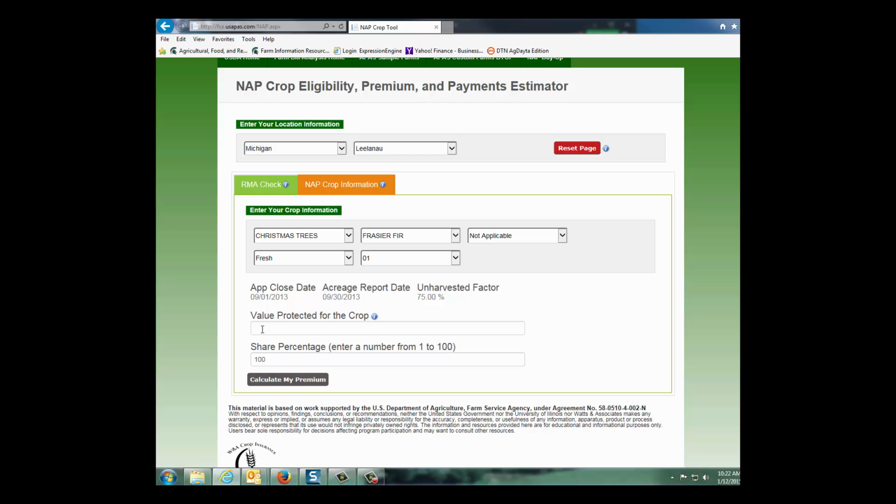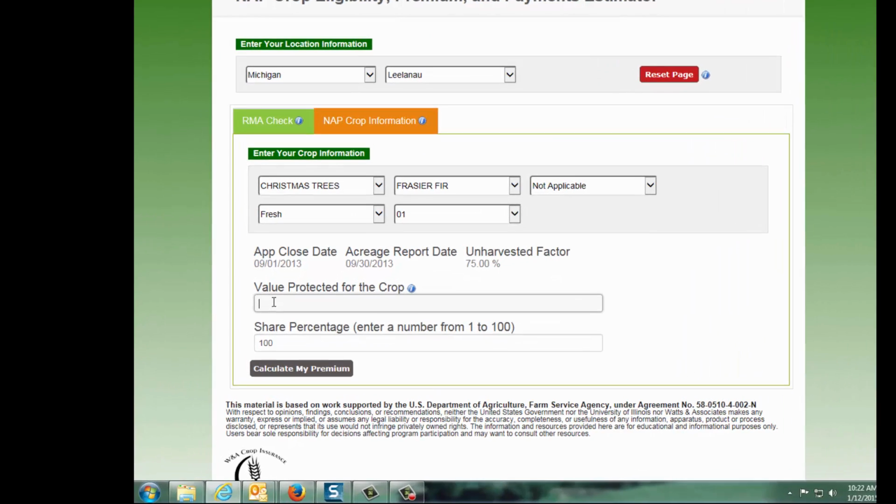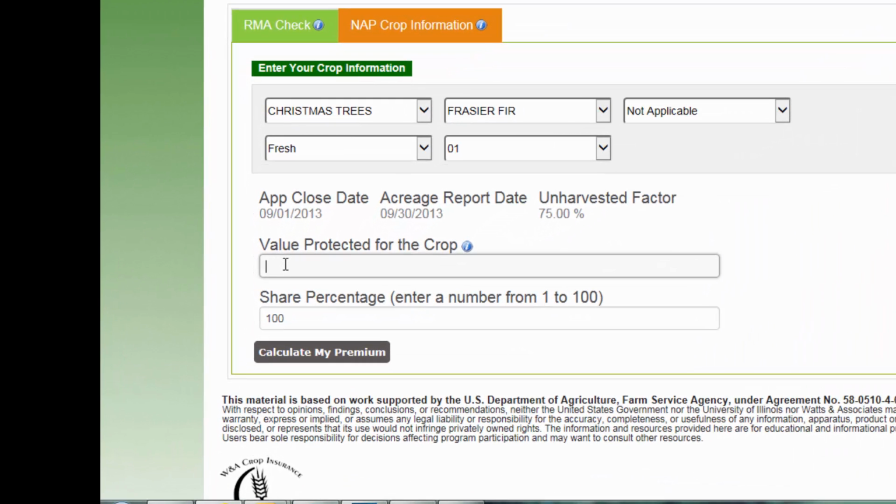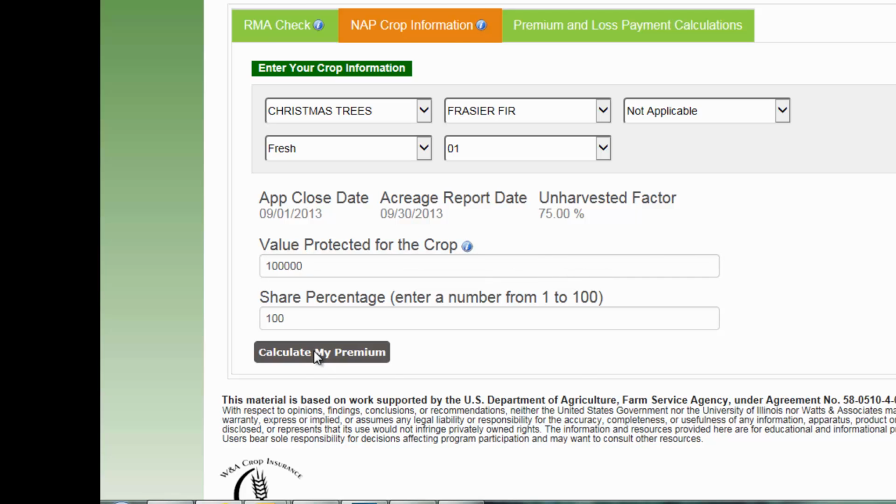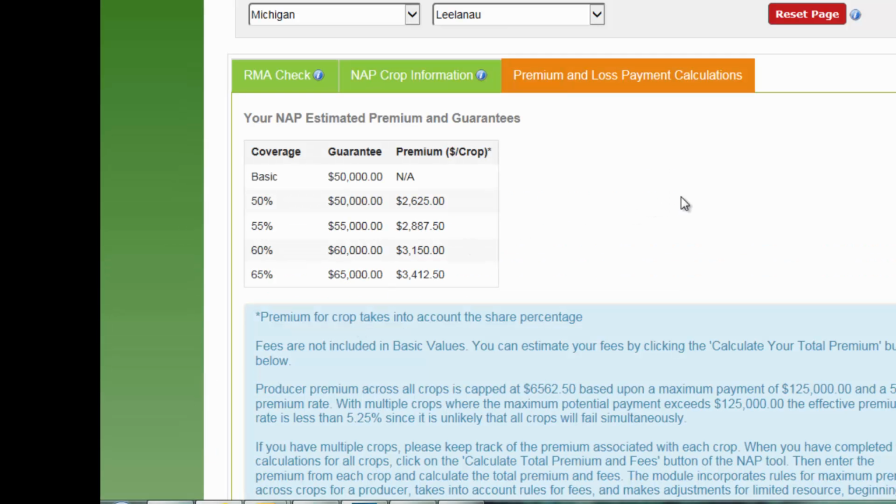We're going to pick an example of $100,000 of value. Again, I'm going to say that the share percentage is 100%. I'm the sole owner receiver of this NAP coverage.